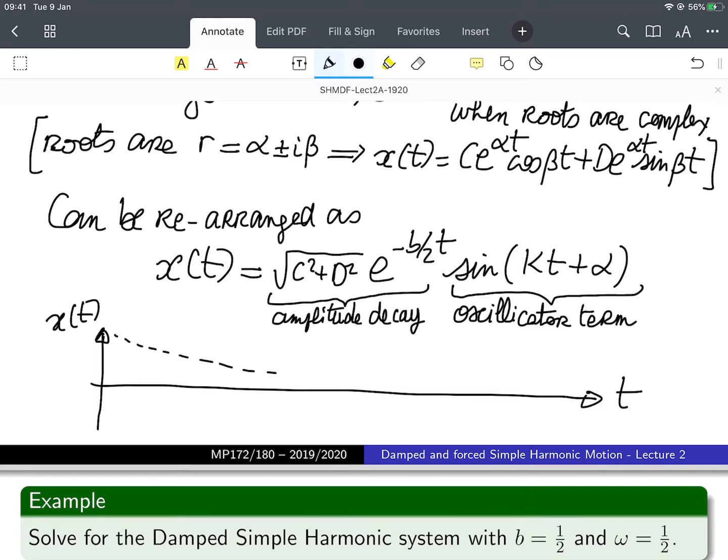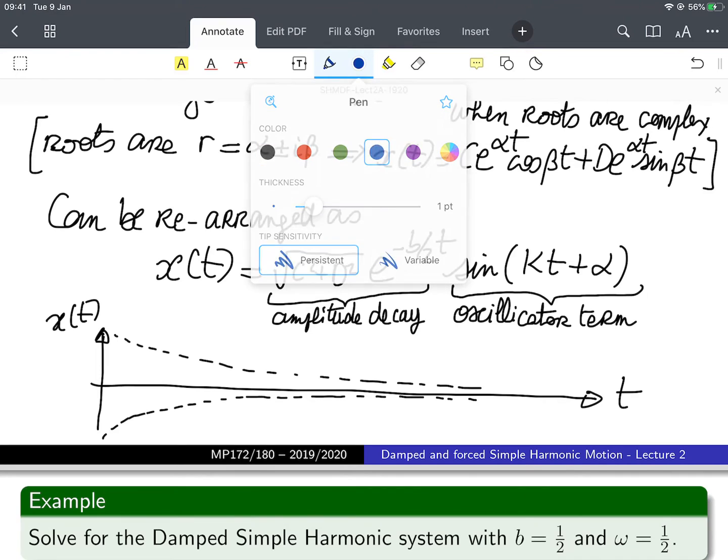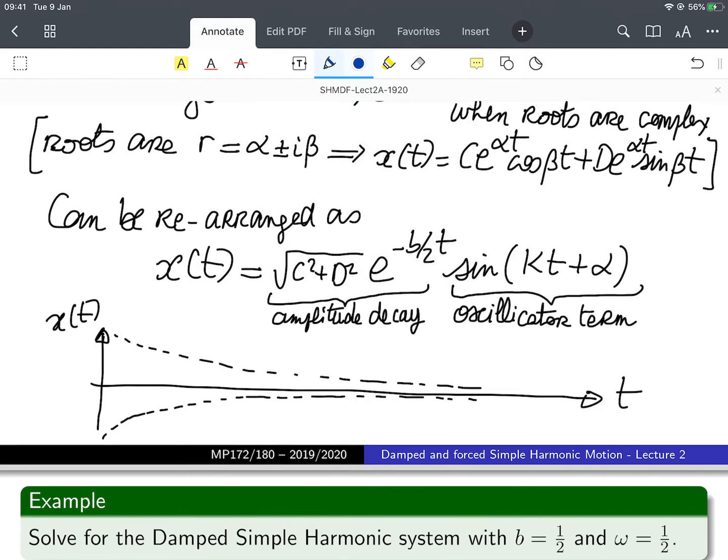So typically, it will look like this. There will be the exponential decay of the amplitude, and it will create an envelope for the variations of the function, which will be oscillating up and down, but with a decaying amplitude.